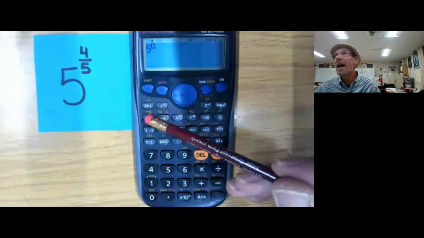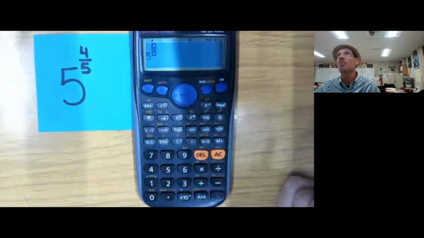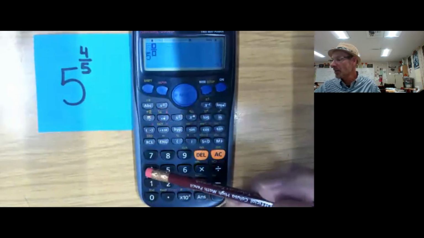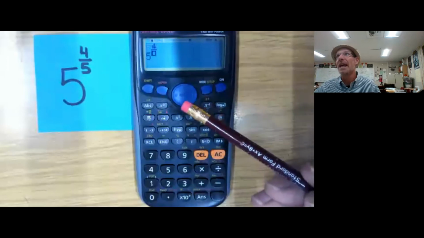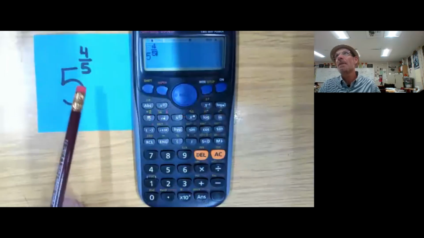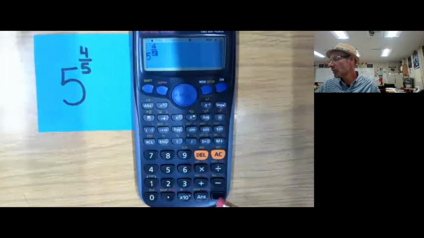So I'm going to go to the fraction button right here, and I'm going to put a fraction inside the exponent button. So now my numerator is 4, and my denominator, notice I had to hit the down arrow, is 5. So now the problem on the piece of paper looks exactly like the problem that's on the screen. When I hit enter or equals, it comes out to 3.623898318.